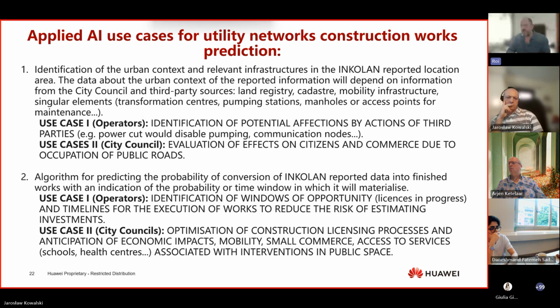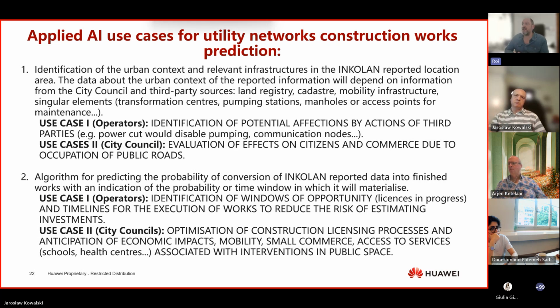And we have considered for this a couple of use cases. The first one on the potential affections by actions of third parties, for example, a power cut, the communication nodes, and so on. And a second use case there on the effects on citizens and commerce due to works on a specific street, public roads, and so on.